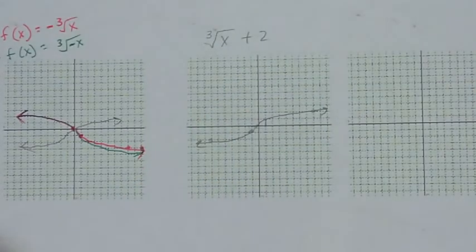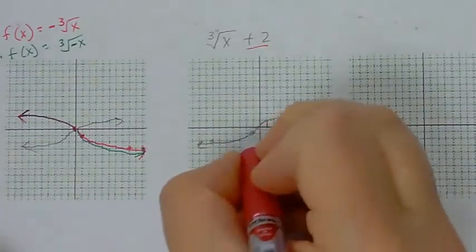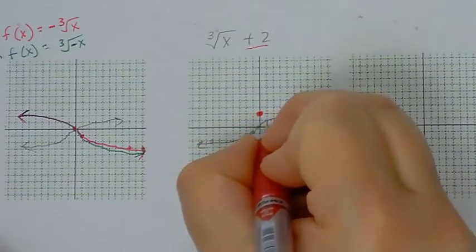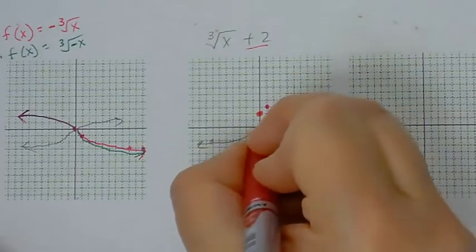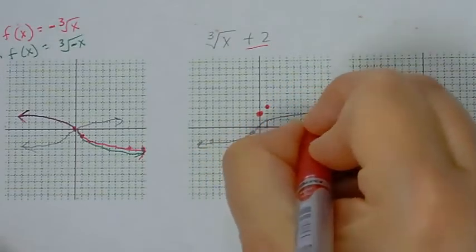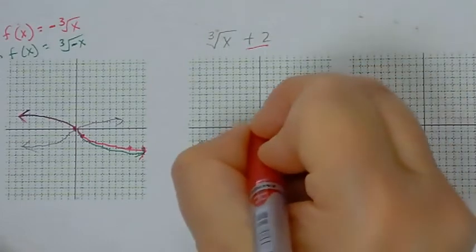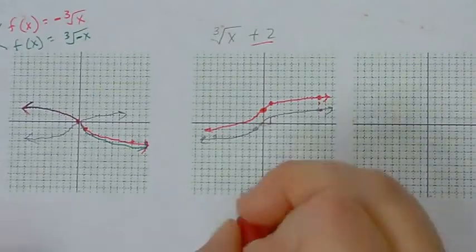But this time it's going to be shifted 2 units up. So instead of 0, 0, it's going to be at 0, 2. Instead of 1, 1, it's going to be 1, 1 plus 2, which is 3. Instead of 8, 2, it's going to be 8, 2 plus 2, which is 4. So this one just takes every single point and shifts it up 2 units.